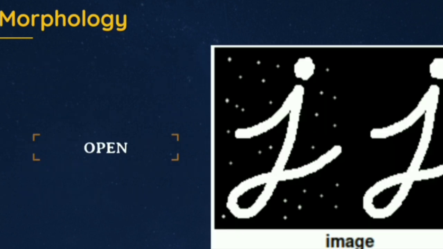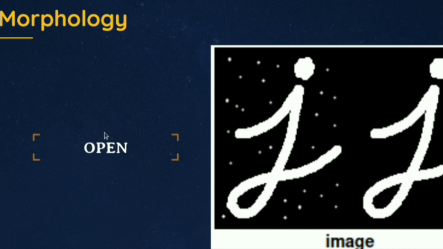I have said that we have to remove the noise from our background. For removing this noise we have to use morphology operations. Morphology is an operation, and here open is the function, a morphology operation.